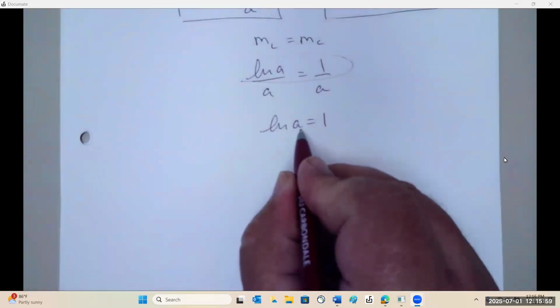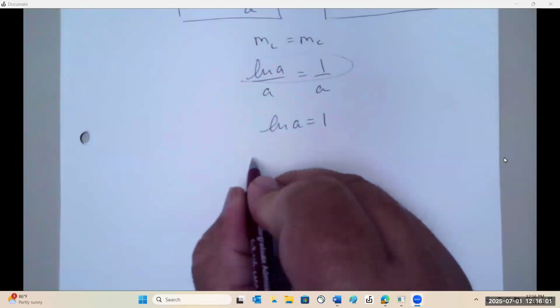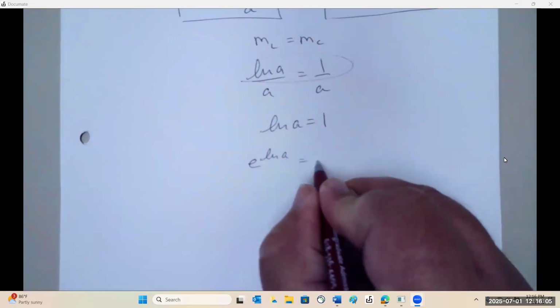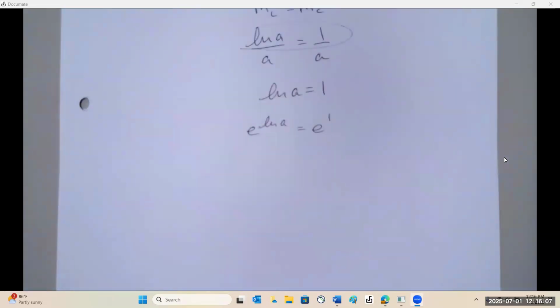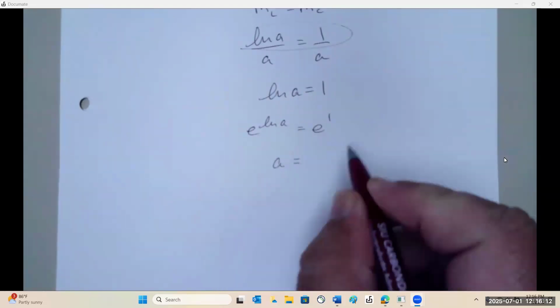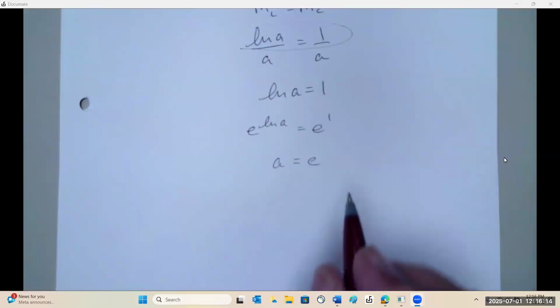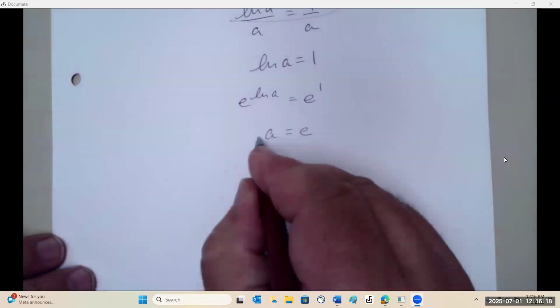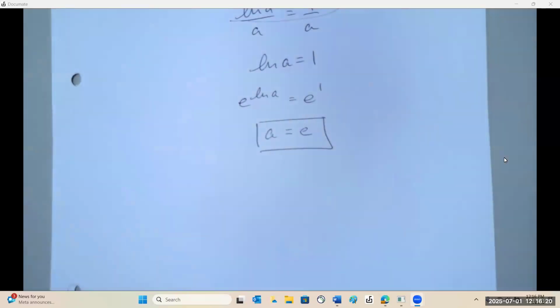Now we're solving for A, so we take the E of both sides. So get rid of the ln. The E of ln A is A. E of 1 is E. We just found out what the A value was.